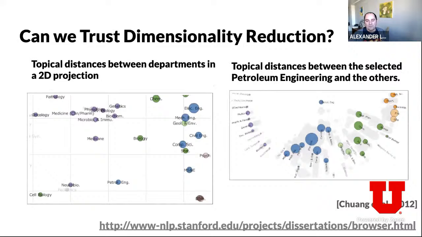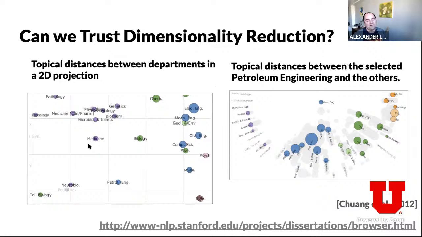One problem with all of these techniques is that since they're trying to reduce a higher dimensional space and create a lower dimensional picture, there is always error. These are not perfect representations. If you look at this chart here, this is a text visualization of dissertations at Stanford.